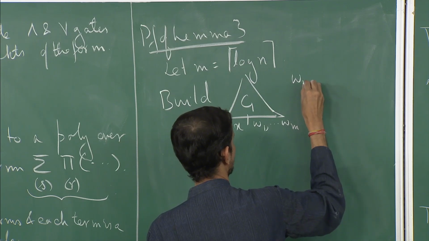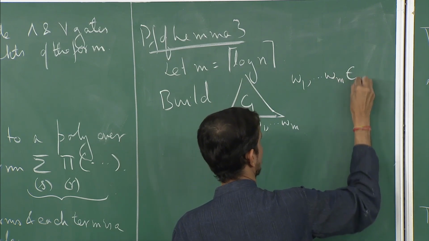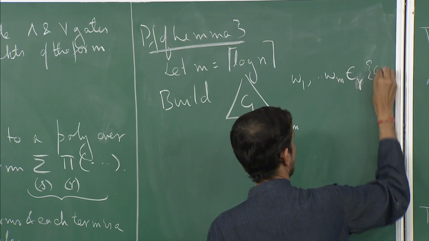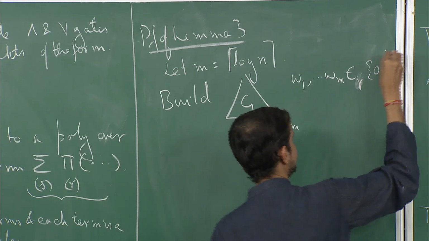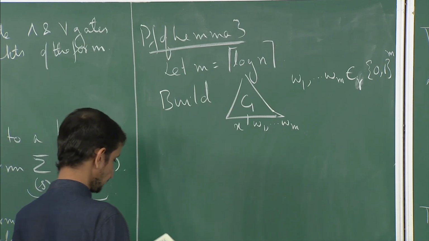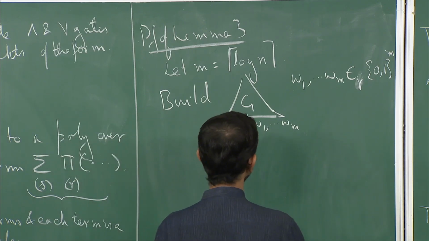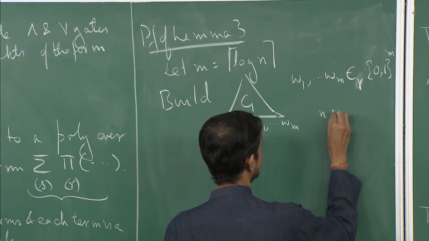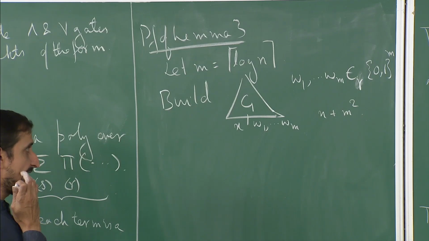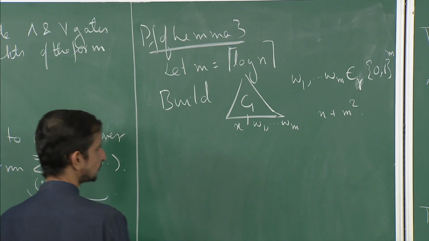So w1 up to wm are chosen randomly, and each of them by themselves are strings of length m. Therefore, this circuit is taking how many bits as input? It is taking n plus m square bits as inputs. So x has n bits and all these will have m square bits.